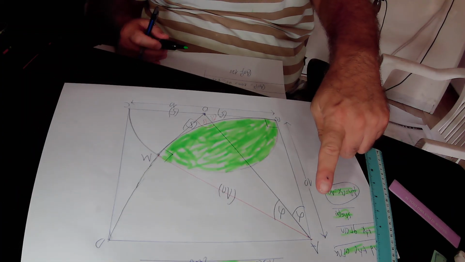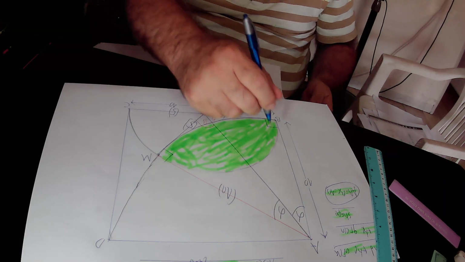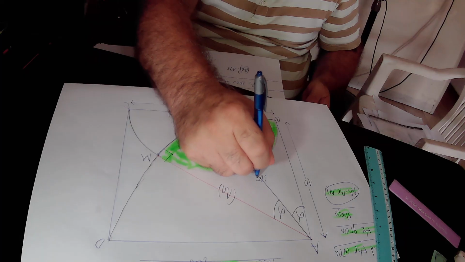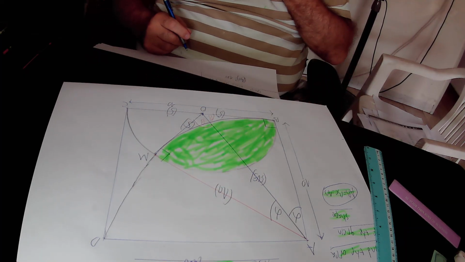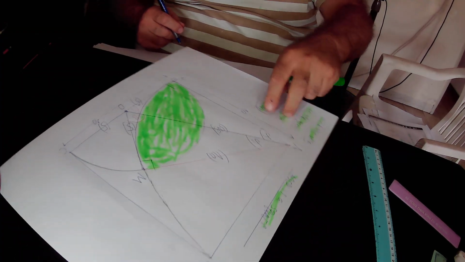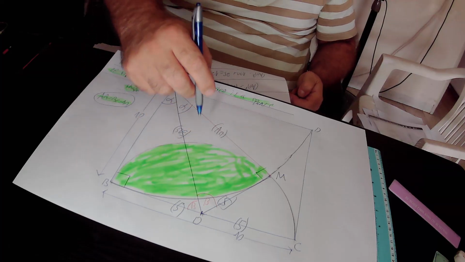This is AO, which equals 5 times root of 5 units in its name. So we continue to focus on the right triangle ABO.